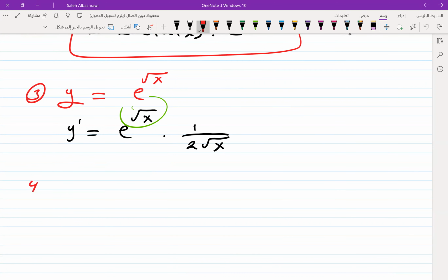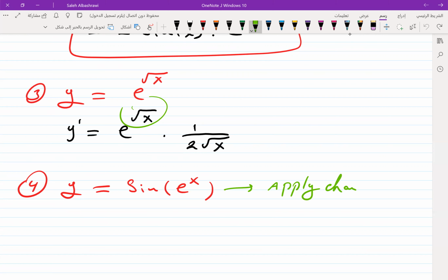Number 4, y equal to sine of e to the power x. The derivative of y equal to sine e to the power x. We need to apply the chain rule. The derivative y prime is equal to, even in example number 3 and the other one, we also applied the chain rule.